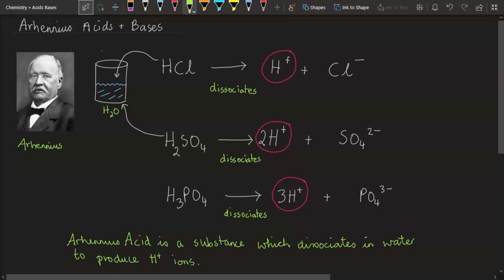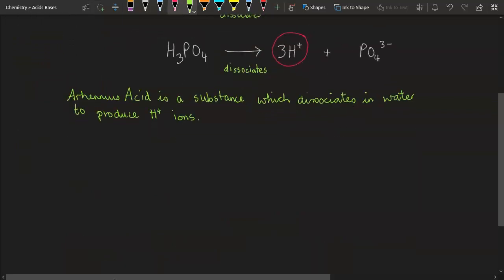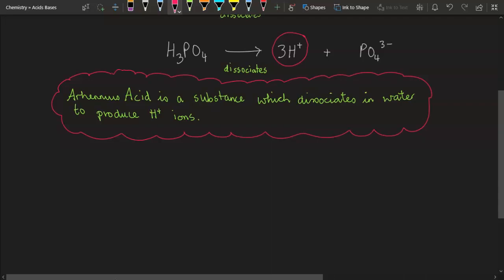And that's the Arrhenius definition of an acid. I'm just going to put this because there's a few bits and pieces that you need to know for this. The colours are nice. Right. So that's an Arrhenius acid.